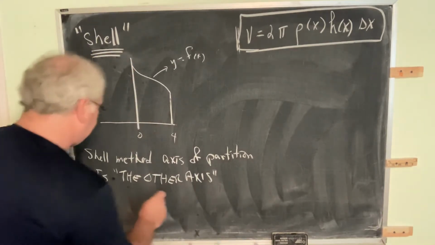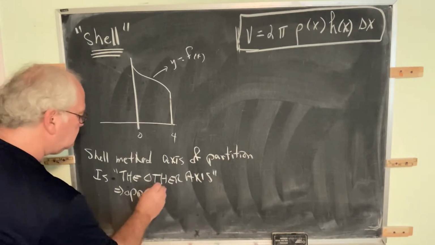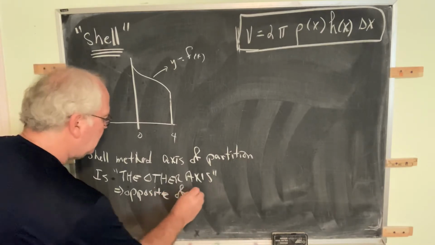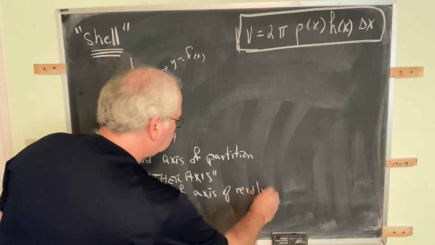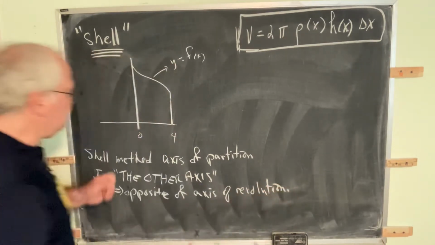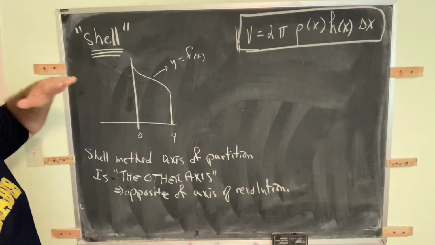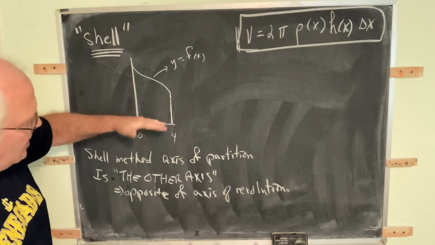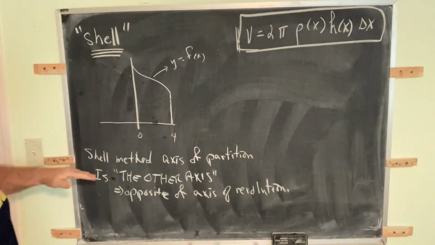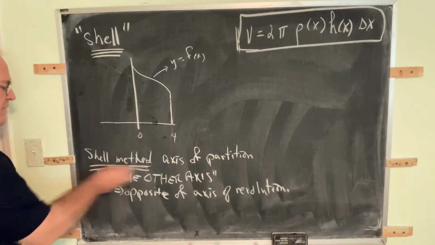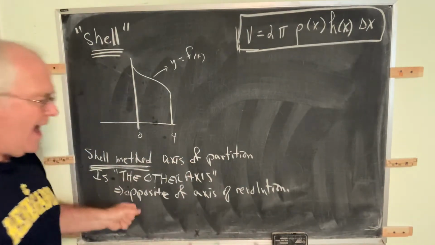When I say the other axis, what I mean is opposite of the axis of revolution. If you revolve about the y-axis, you partition the x-axis. If you revolve about the x-axis, then you would partition the y-axis. For the shell method, the axis of partition is opposite the axis of revolution.